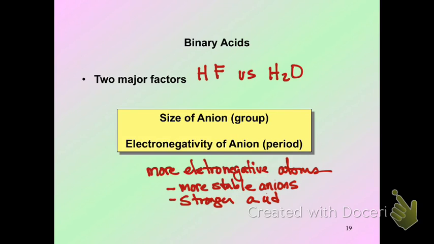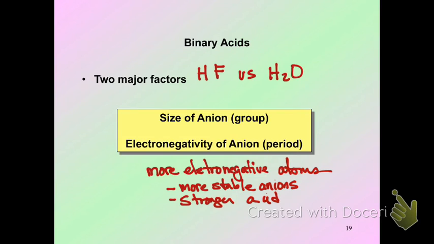Does that really answer why it's a stronger acid? If you really want to know why, you have to think back to why it is more electronegative, right? You remember what's different about the nucleus of oxygen and fluorine? How many of each subatomic particle does oxygen have and fluorine have? Well, oxygen has 8 protons, right?